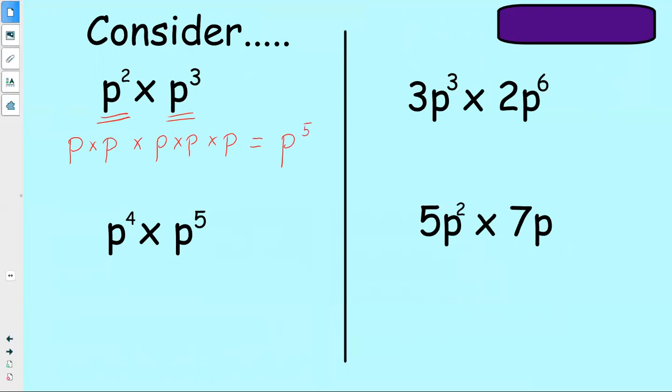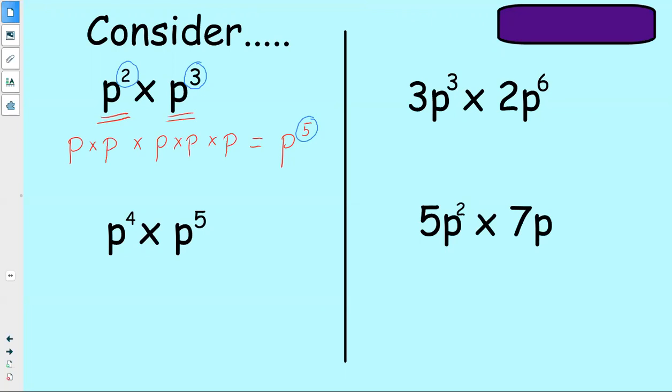Now what relationship can you see between the powers in the question, and the powers in the answer? What are you doing with those powers in the question? What are you doing with the powers in the answer? I'll do one more and then you can see if you can see the relationship.